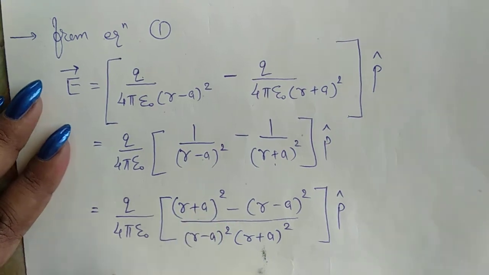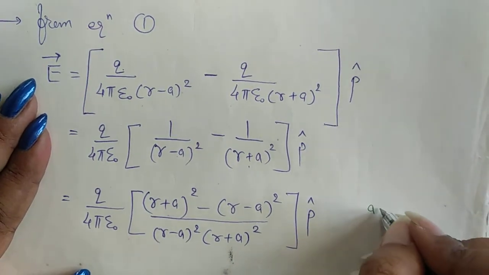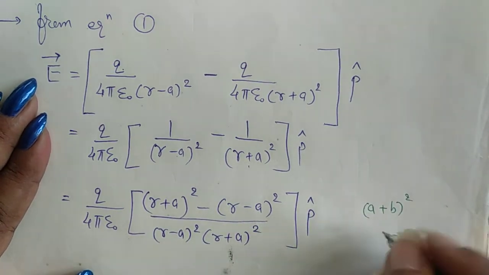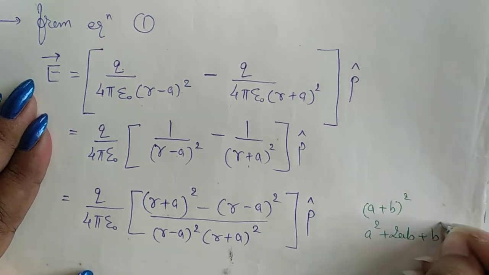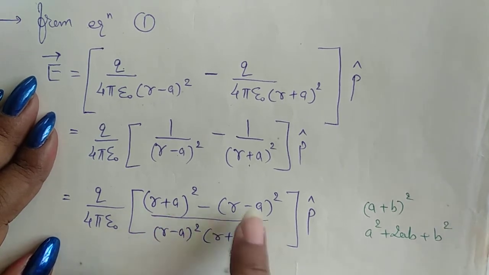Now what is this? You know the formula. This is (a plus b) whole square. What is (a plus b) whole square? It is a square plus 2ab plus b square. So by using this formula, we'll substitute the values over here.